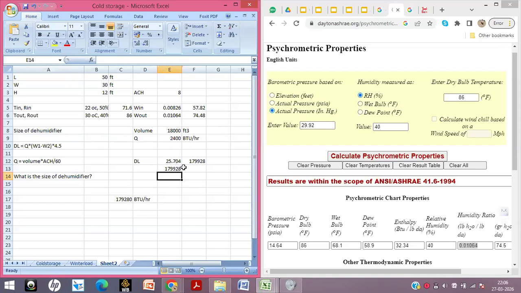If you talk about SI units, it is BTU per hour. That's all. This much of humidifier is required for this. So you are also correct, this process is also correct. We can use any one method. Okay, sir. Thank you.